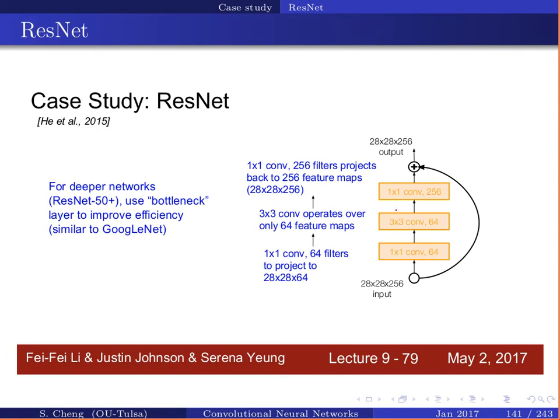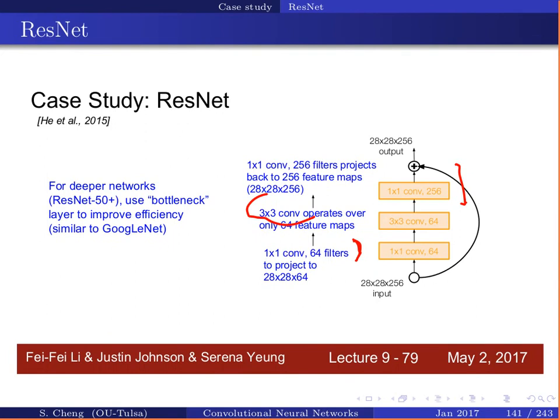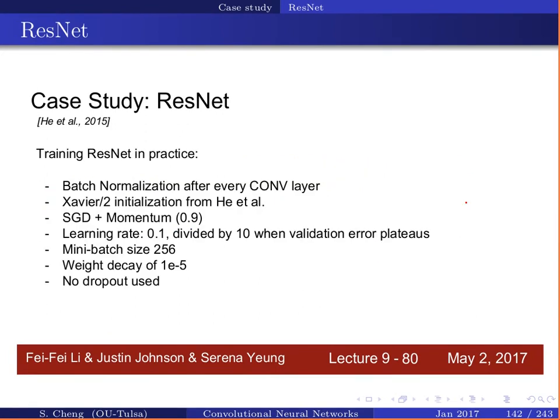So they first compress the input to depth 64, and then they use a 3x3 conv of 64, but then they expand this back to a depth of 256 at the output. So any questions? It's all pretty simple.